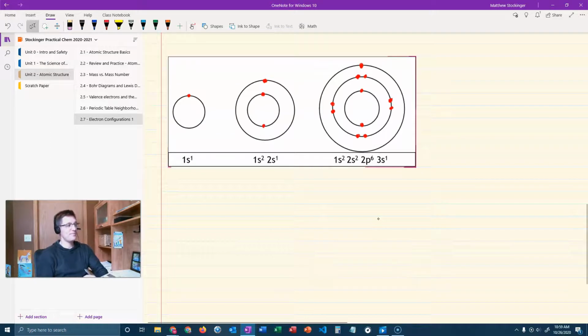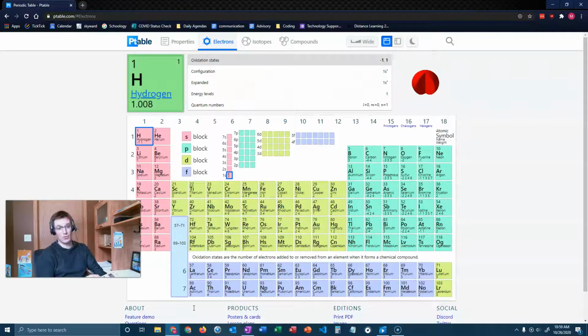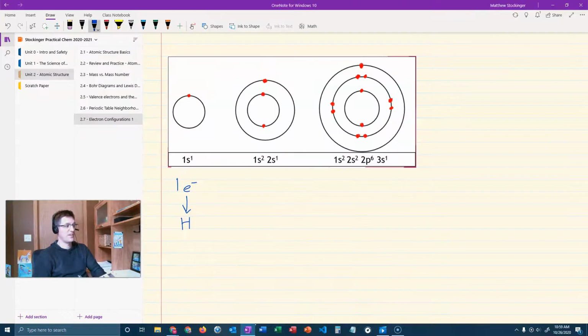Okay. Now, with the Bohr diagram, you can just count electrons, and that'll help you identify an element. And you can see here there's 1 electron, so that must be hydrogen, because on the periodic table, hydrogen is atomic number 1. It has 1 electron.